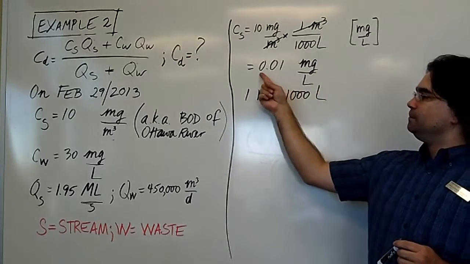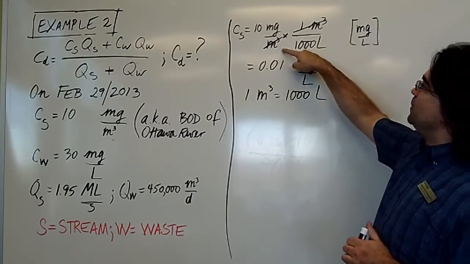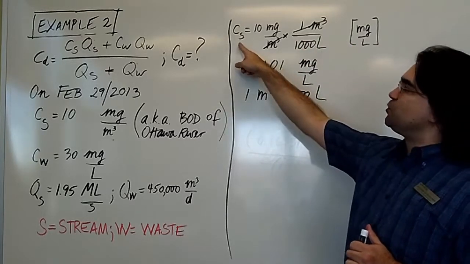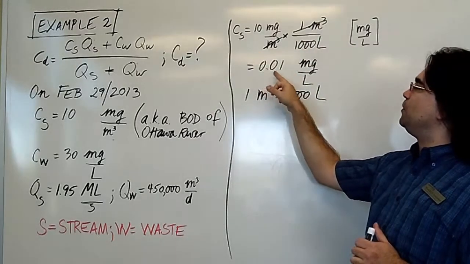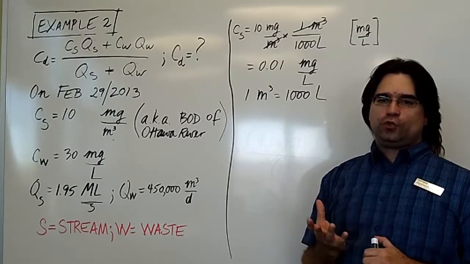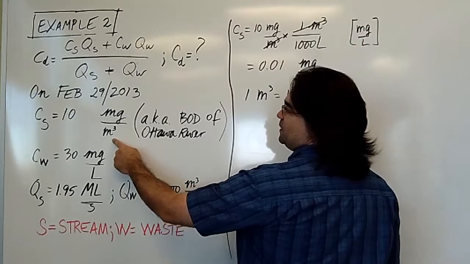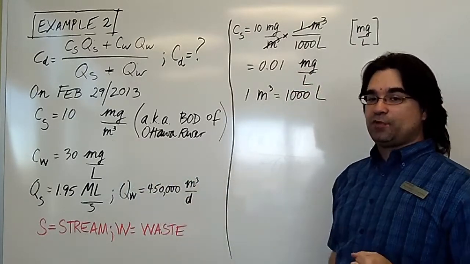And voila. I get that if I convert cubic meters to liters, the concentration in the stream of E. coli is 0.01 micrograms per liter. So what I'm going to do to stay consistent is I'm now going to replace this quantity with a quantity in the units that I prefer.